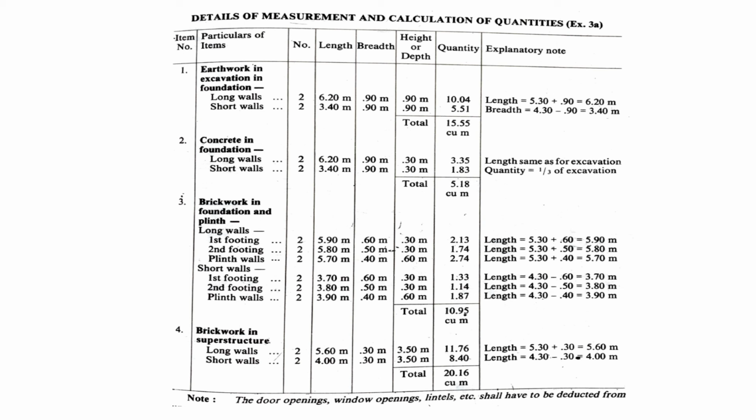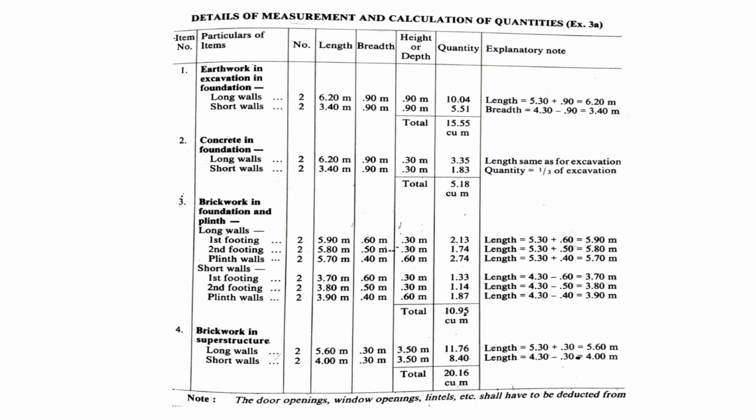Next we see about the brickwork in superstructure. In superstructure, long wall two numbers, length is 5.6 meters, that comes from center to center distance plus width of the wall 0.3 is equal to 5.6. From this, 2 into 5.6 meters into 0.3 meter into entire height 3.5 meter, so that 11.76 m cube of bricks for long wall.